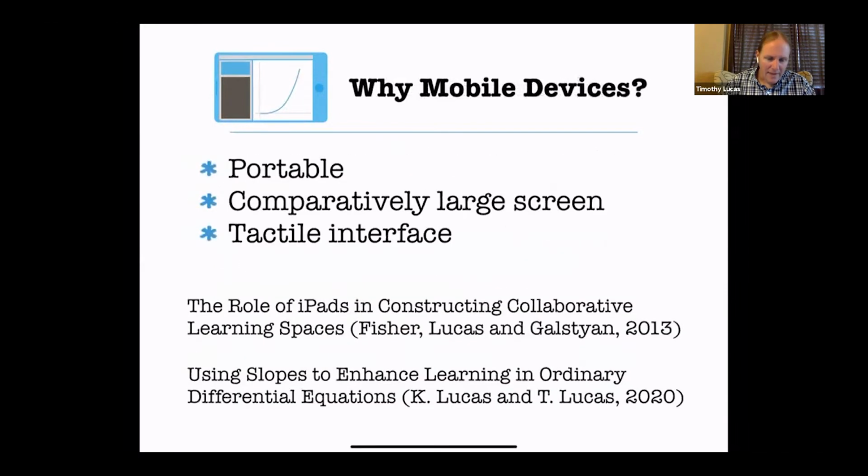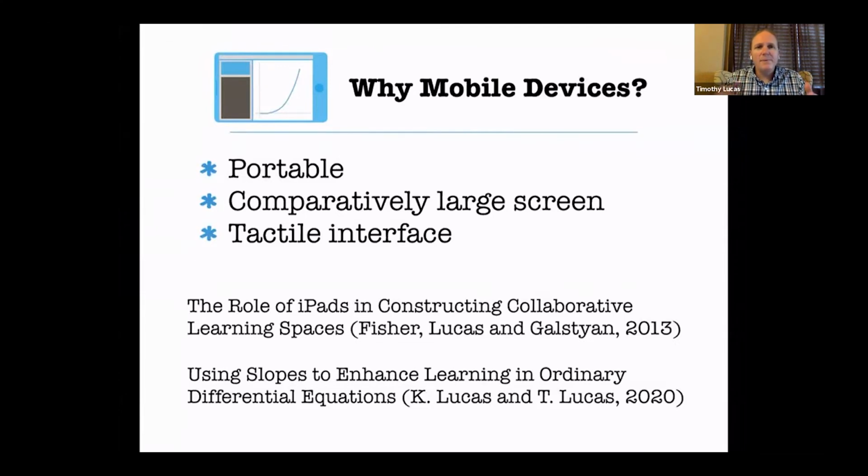And then, you ask yourself, why am I looking at doing differential equations on mobile devices? Basically, the fact that they are portable and the fact that they have comparatively large screens over, say, old style graphing calculators and things like that.